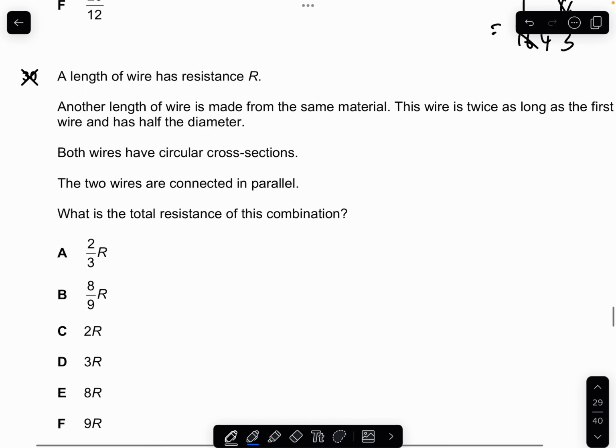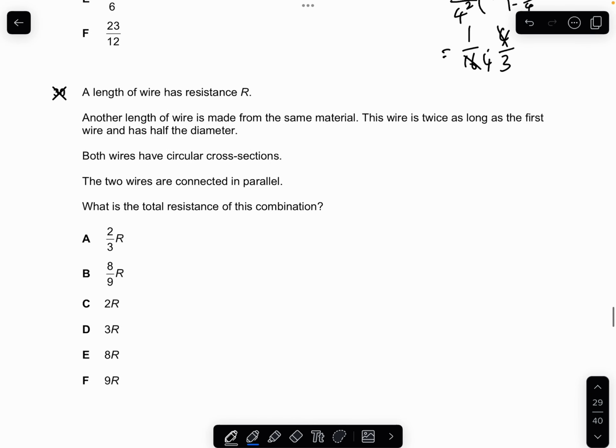okay, boy. Now a length of wire has resistance R. Another length of wire is made from the same material. This wire is twice as long as the first wire and has half the diameter. Circular cross sections connected in parallel.